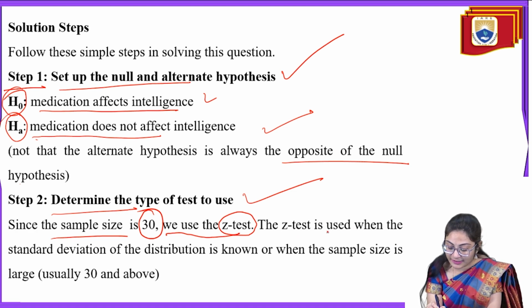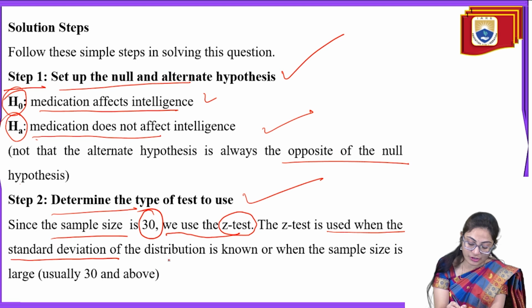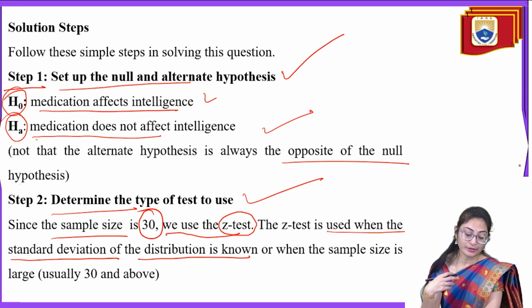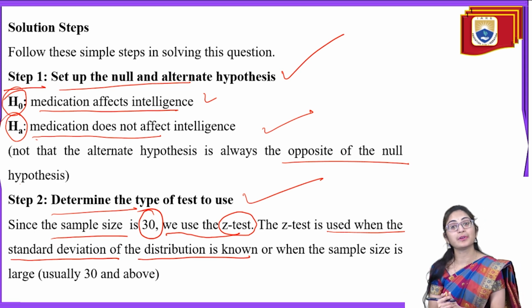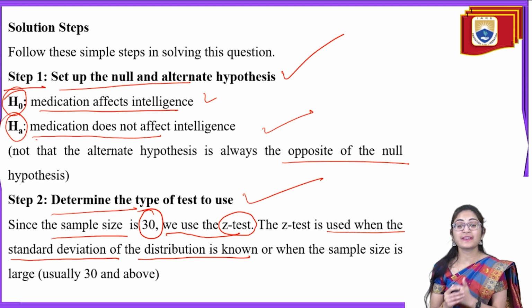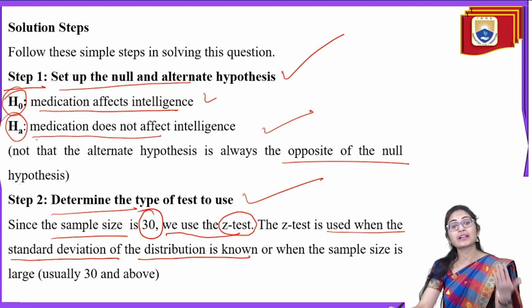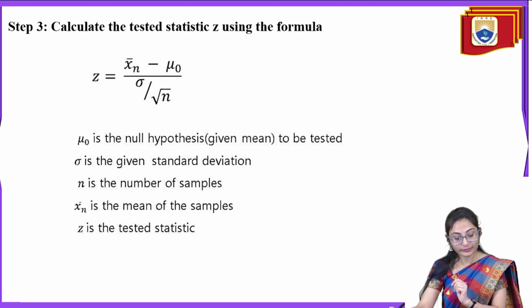The Z test is used when the standard deviation of the distribution is known or when the sample size is large, usually 30 and above.